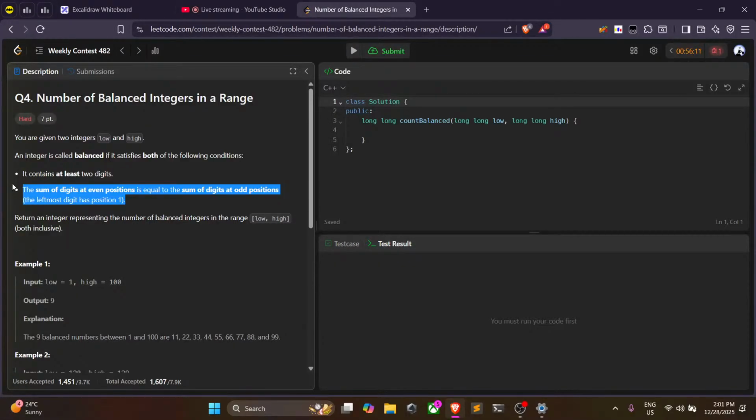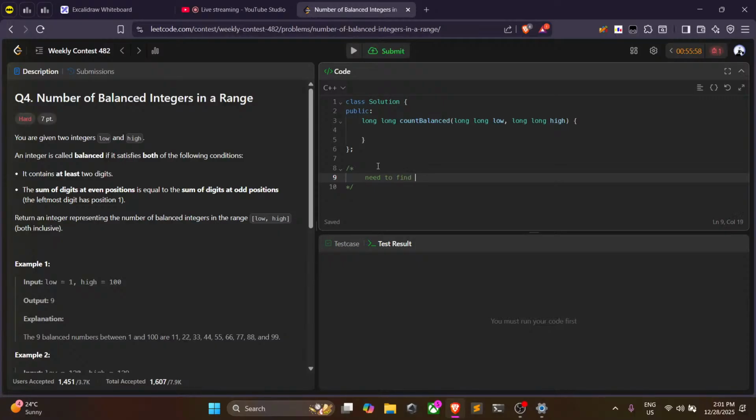Yeah, I think it's related to digit DP because we need to find the count of integers in the range low to high, right? And the condition is the sum of digits at even positions should be equal to the sum of digits at odd positions.